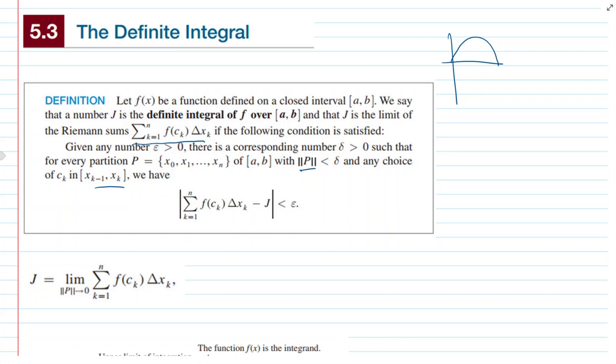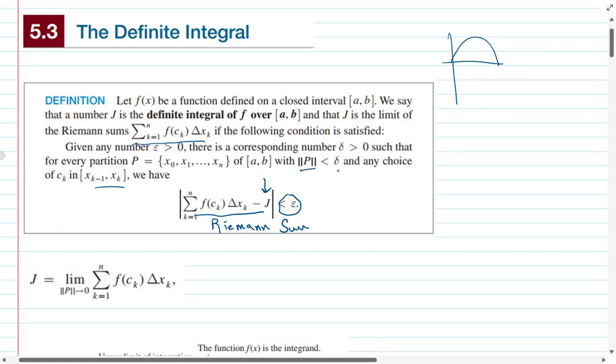And this is the definition of the Riemann sum. Here we have it. And then we say that it has to be less than epsilon.